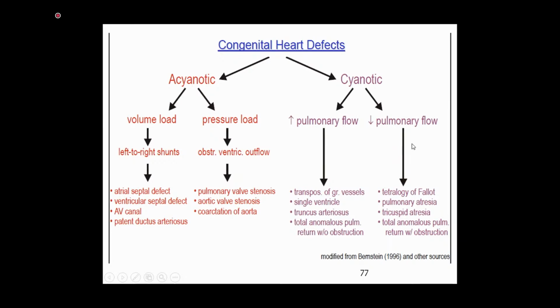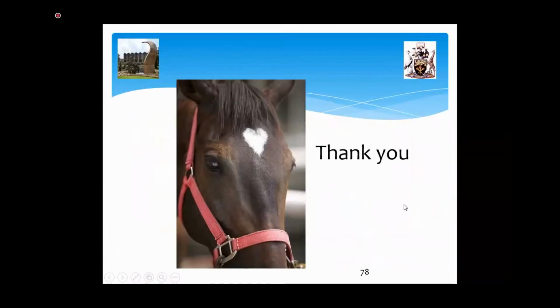Or when there's obstruction to flow into the lungs, so that blood bypasses the lungs and mixes with the rest of the circulation, most commonly tricuspid atresia or severe pulmonary atresia. So that is the summary.